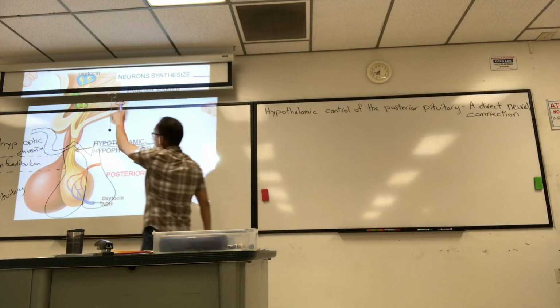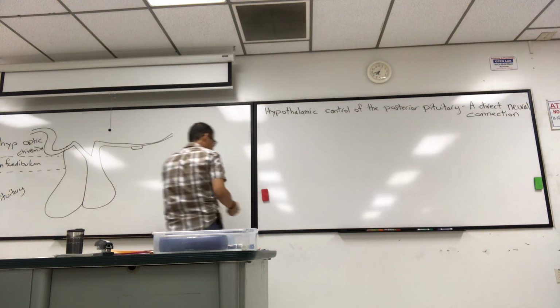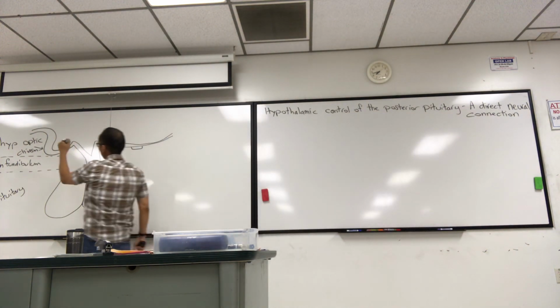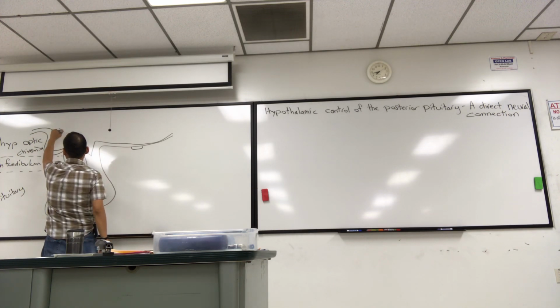So I'm going to draw. Oh, I can't see it now. So let me use green. I'll use a different color. I'll use green. I'm going to draw it right here. I'm going to draw a cell right there. Here's the cell body of a neuron.